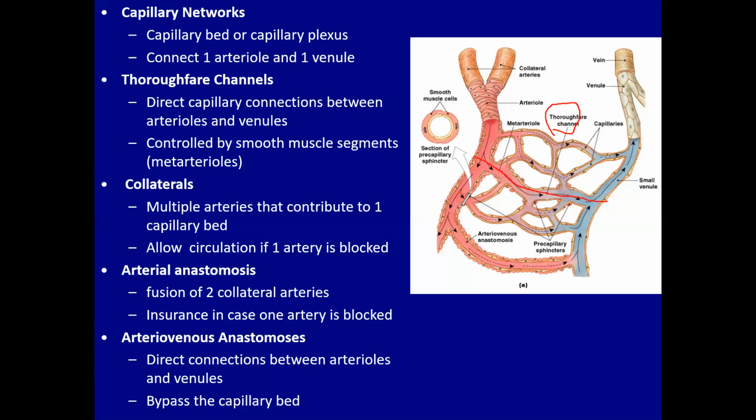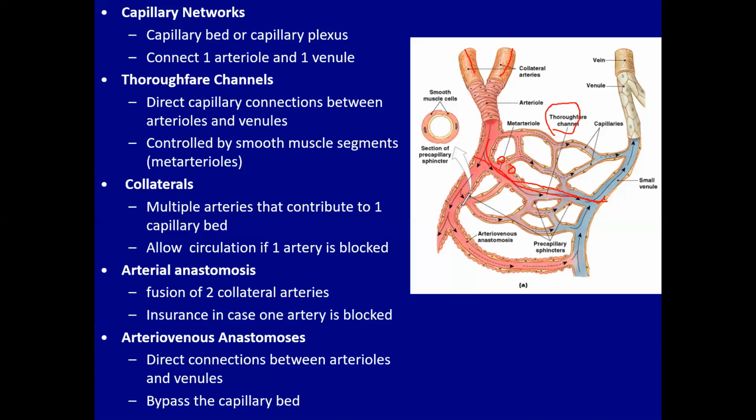So this is called a thoroughfare channel. This is a direct connection in the capillary bed between the artery and the vein. And this is going to be controlled by smooth muscle segments. And that's what you're seeing all through here, that we've got smooth muscle cells.